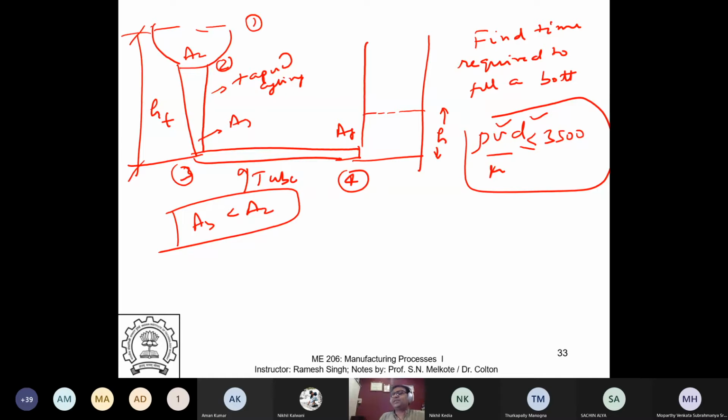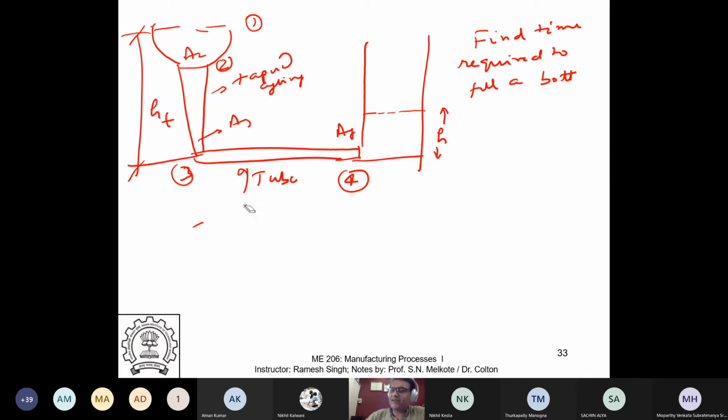This is how I get my design consideration. So the product of V and D should not be such that it creates turbulence. We'll solve some problems to get more clarity, but let's discuss this first. You will have more questions when I solve the problems.